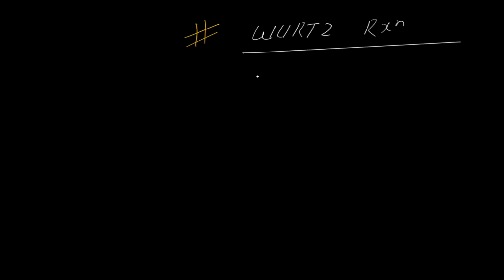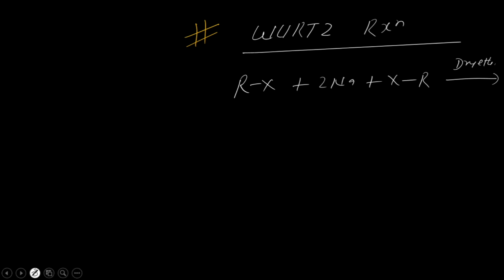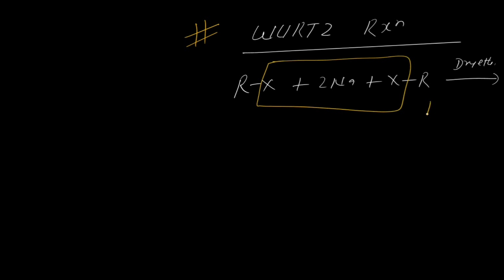When two molecules of alkyl halide react with sodium metal in presence of dry ether, two molecules of alkyl halide like this react with sodium metal in presence of dry ether. So what will happen? 2NaX will come out from here, and R-R will get attached. So it will form higher alkane.